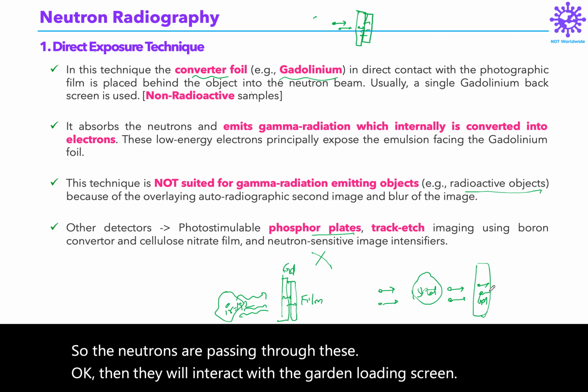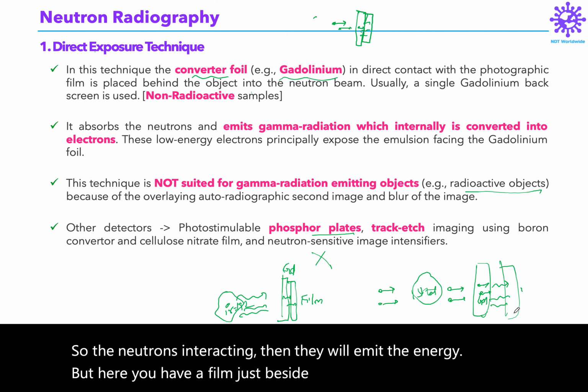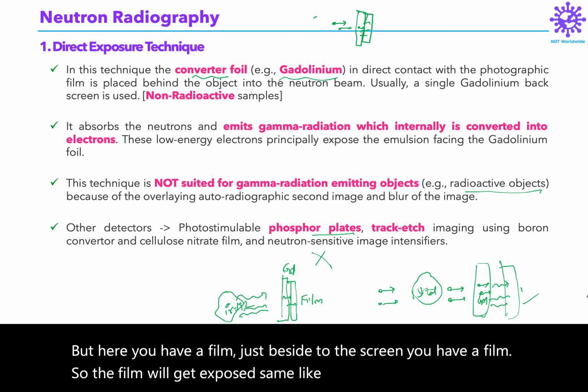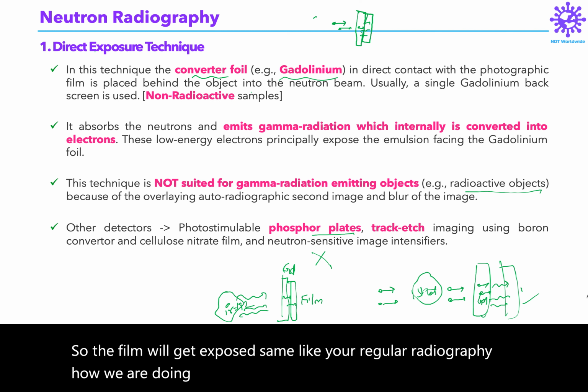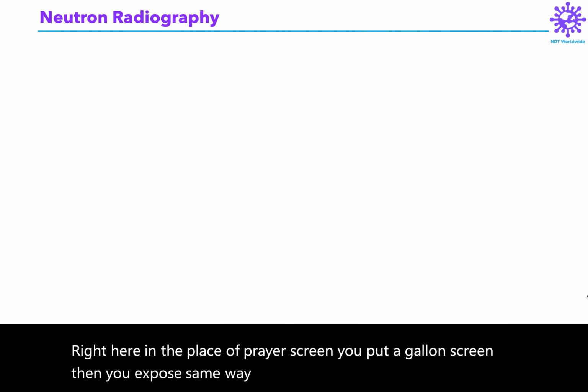The neutrons interacting will emit energy. Just beside the screen you have a film, so the film will get exposed. Same as your regular radiography, where we have a lead screen and a film. Here, in place of the lead screen, you put a gadolinium screen, then you expose. Same way, no difference.